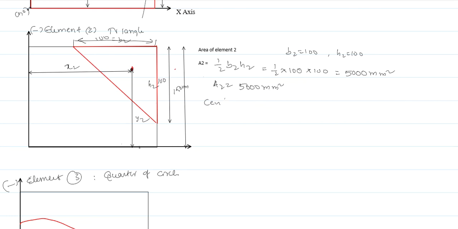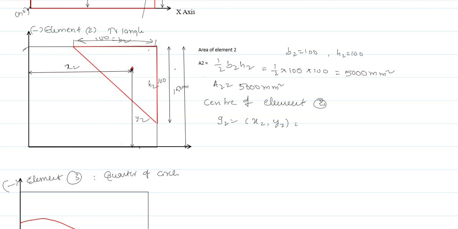Coming to the center of element 2, that means the center coordinates of element 2, G2 is equal to x2 comma y2. I need to find x2 comma y2. We know that from here to here, the total length is 150 according to the figure.